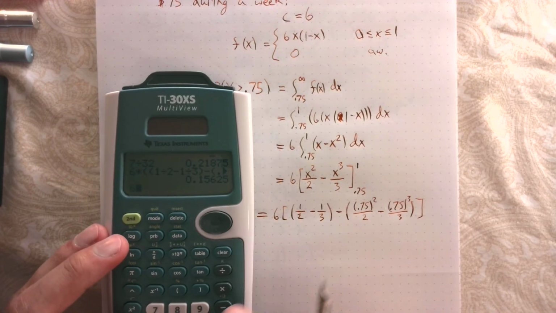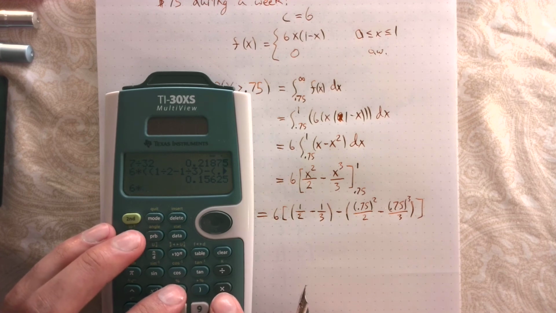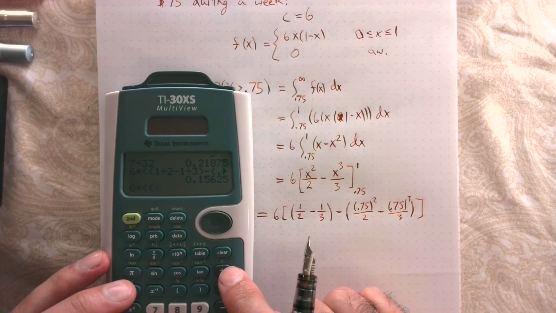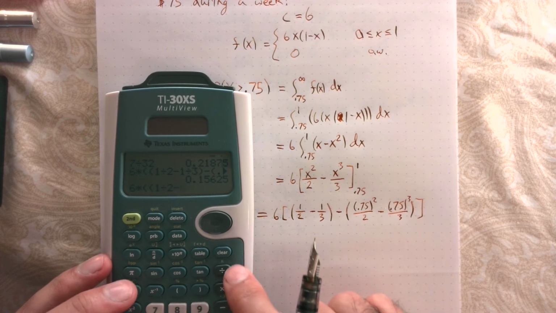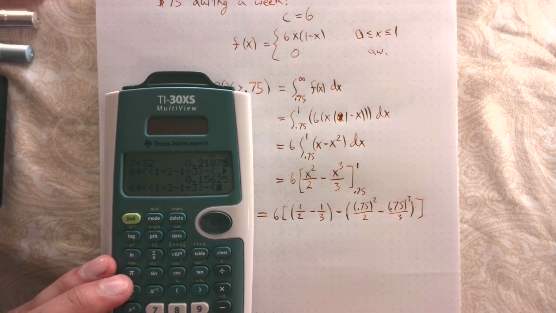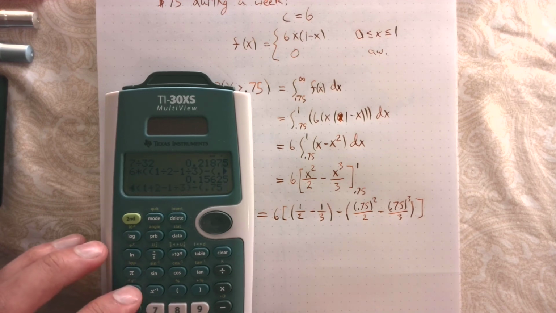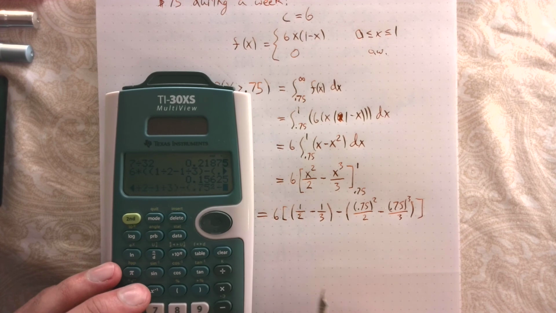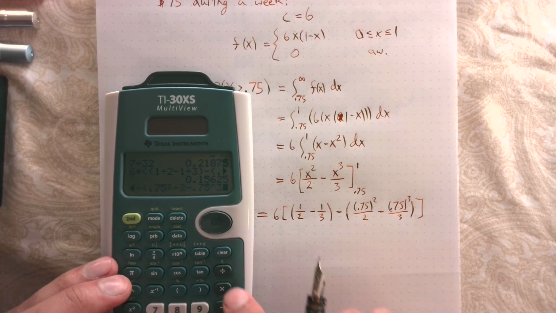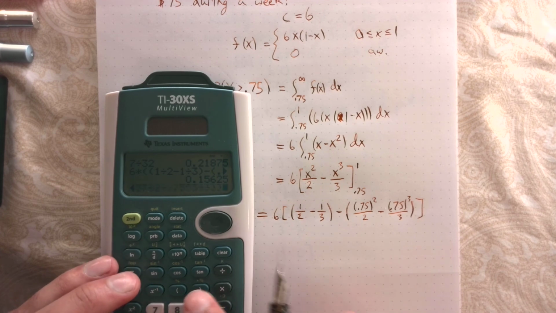So this is going to be 6 times, in parentheses, 1/2 minus 1/3 minus, in parentheses, 0.75 squared over 2 minus 0.75 cubed over 3.